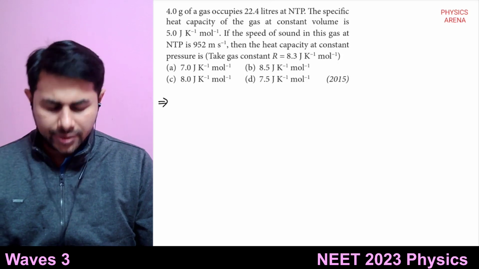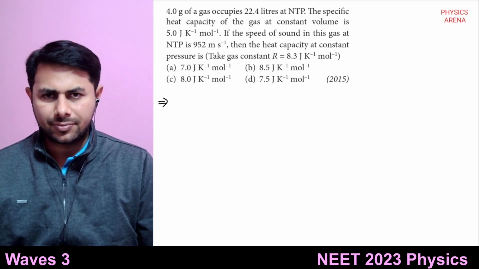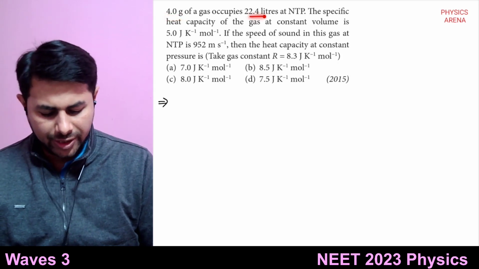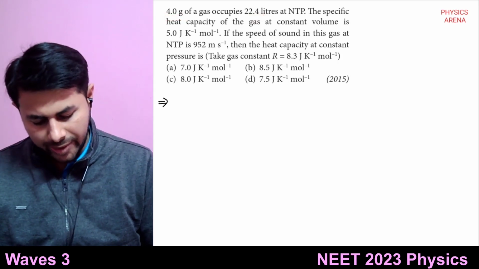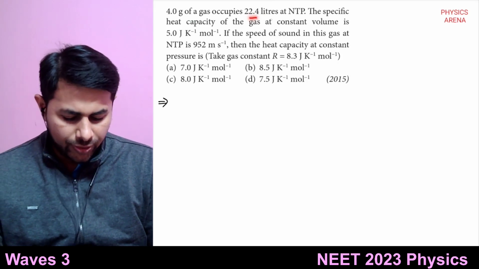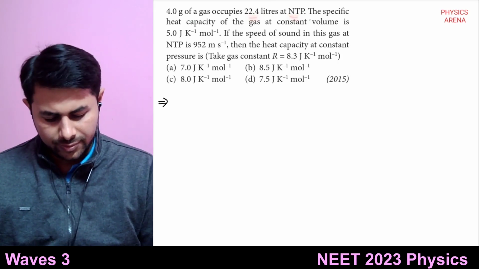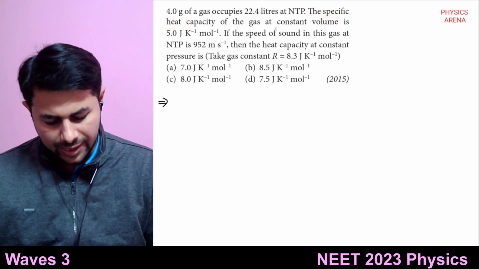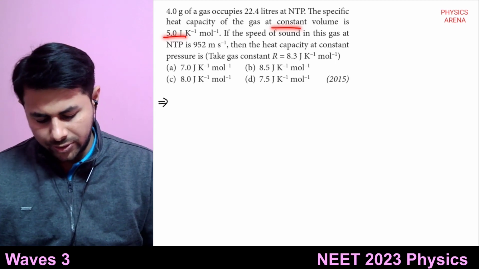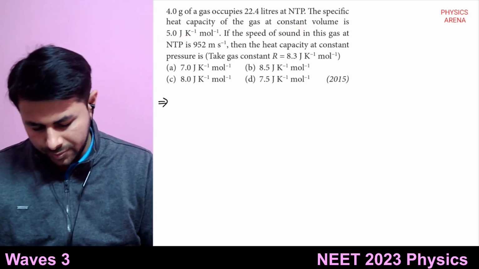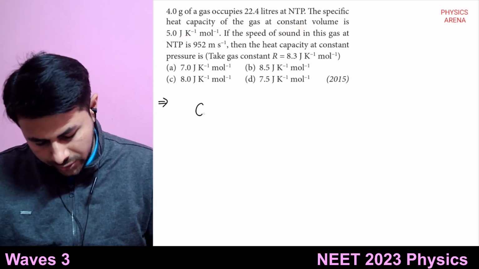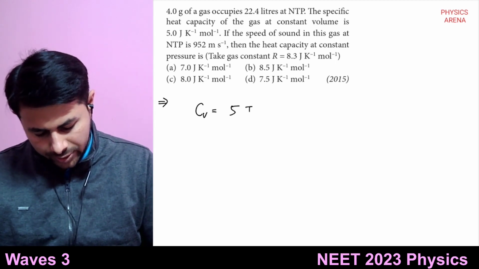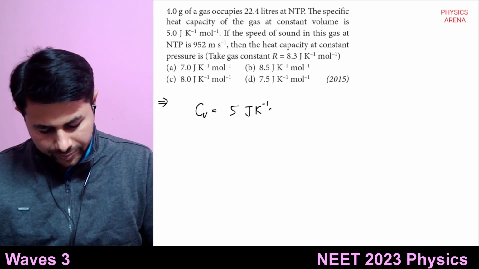This thing is not needed. Volume of 1 mole is 22.4. It's given that 4 gram of gas occupies 22.4 liters at NTP. The specific heat capacity of the gas at constant volume, CV, is 5 joules per Kelvin per mole.